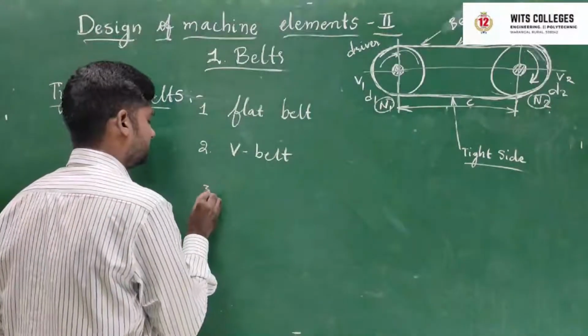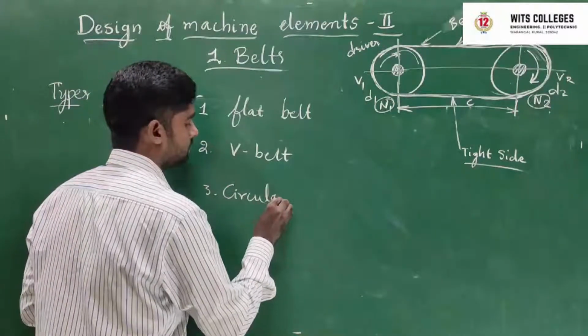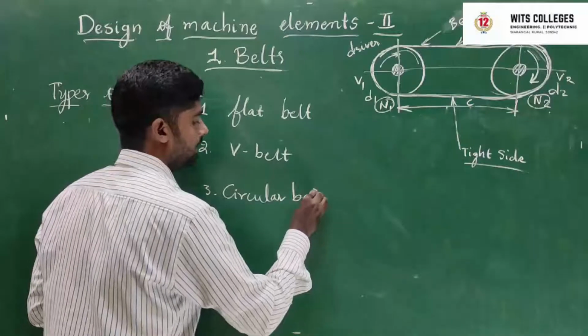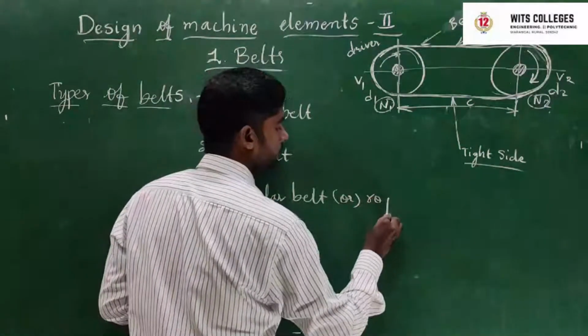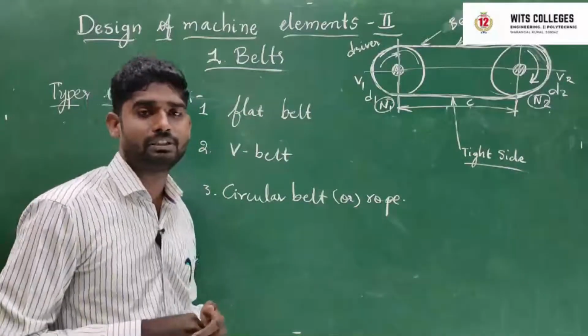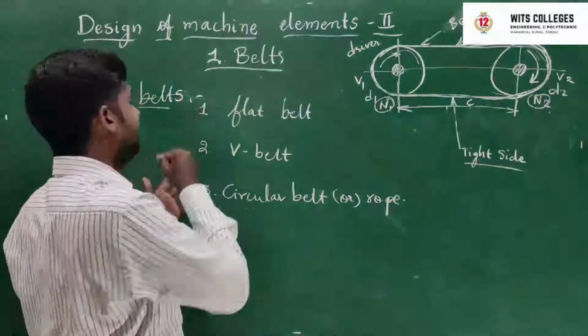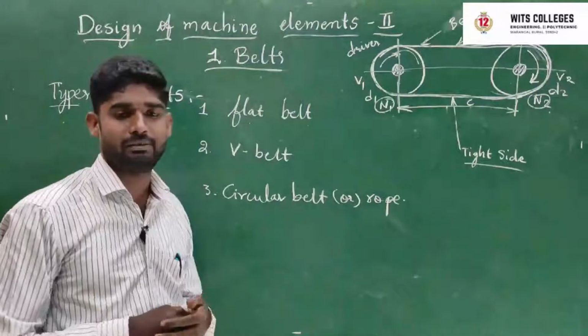The third one is a circular belt, or rope. We know that rope. These three are the most important types of belts: flat belt, V belt, and circular belt.